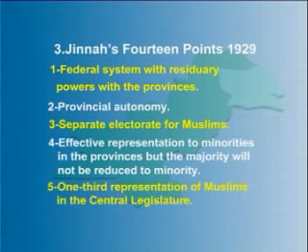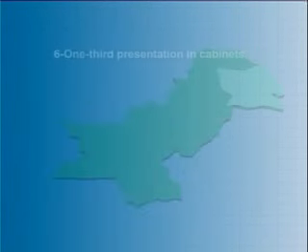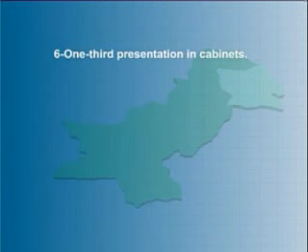Fifth, in the central legislature, Muslims must have one-third representation. The sixth point was that in the cabinets, both at the federal level, all India level, and at the provincial level, Muslims should have at least one-third representation.